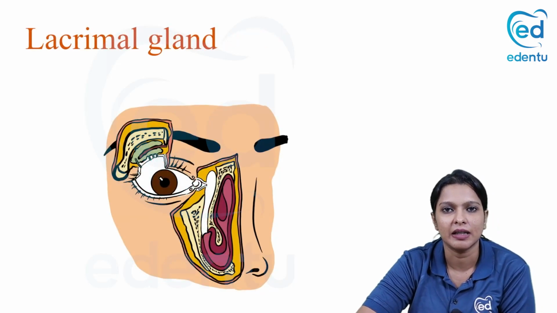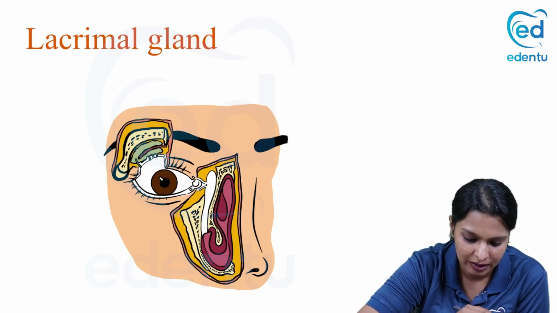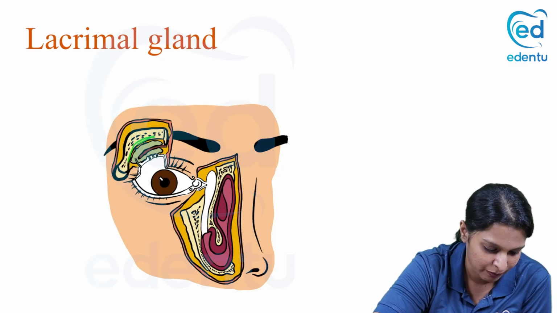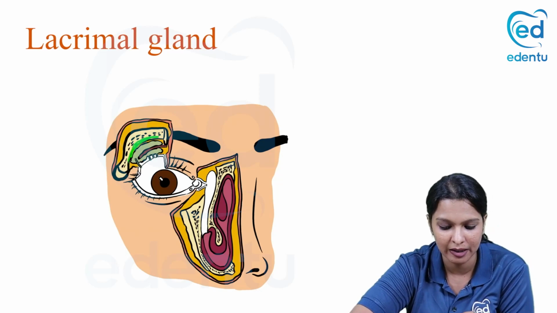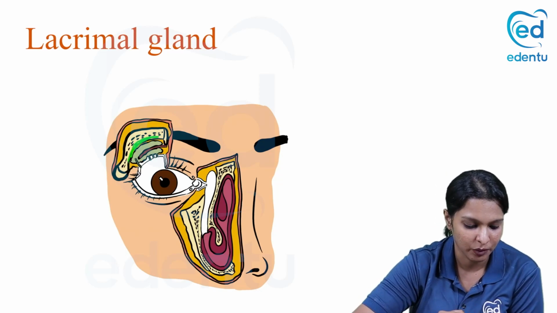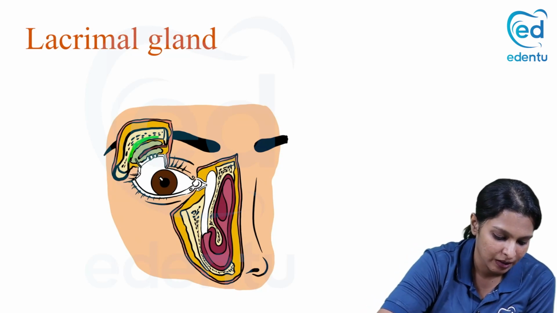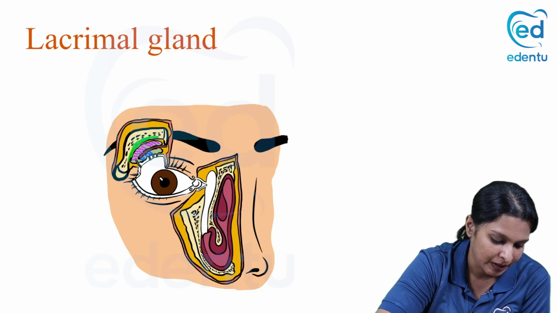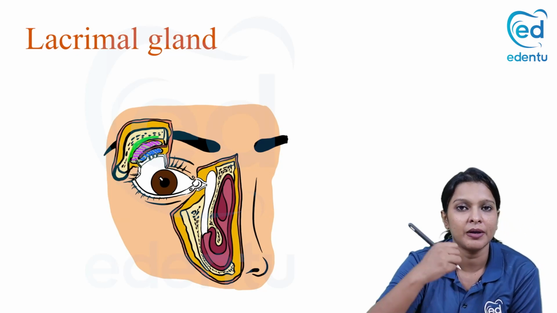So what is the lacrimal gland? It is a serous gland that is present in the lacrimal fossa. This is the lacrimal fossa of the frontal bone. There are two parts. What are the two parts? The orbital part that is related to the bony orbit and the palpebral part that is related to the upper eyelid.